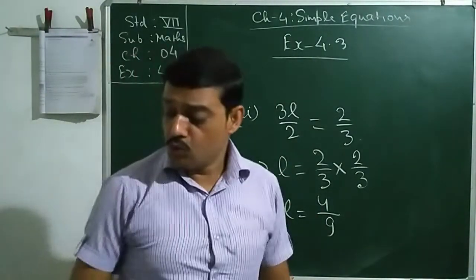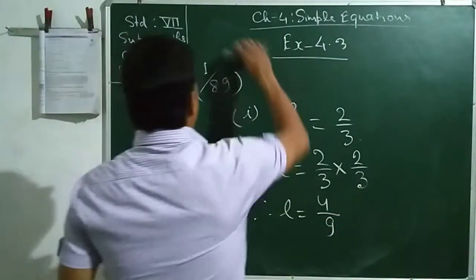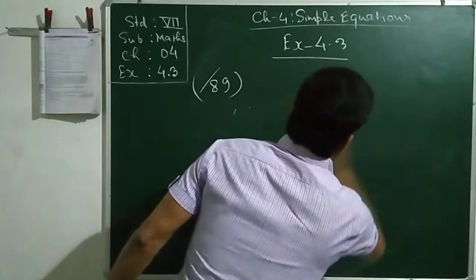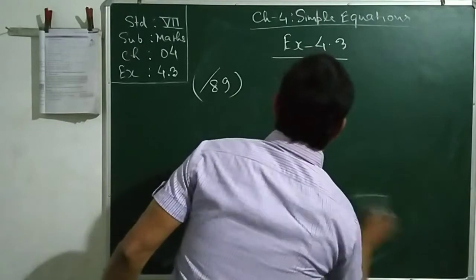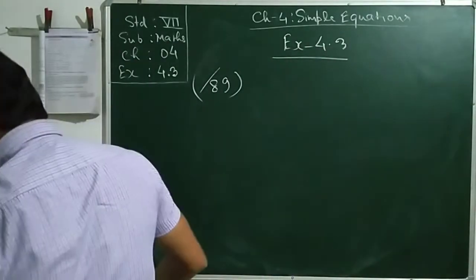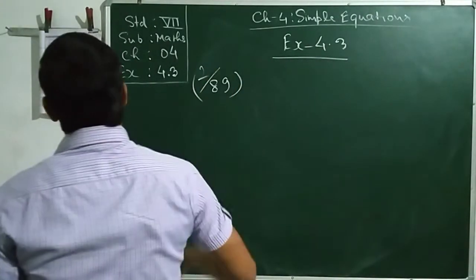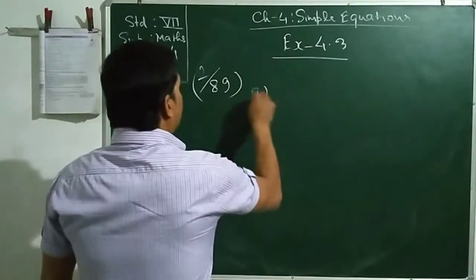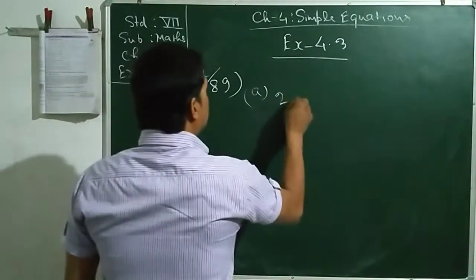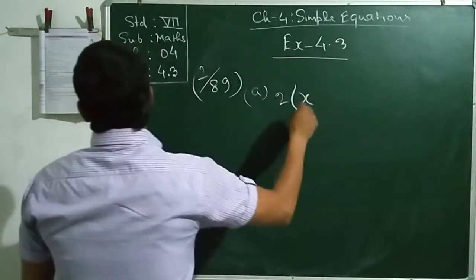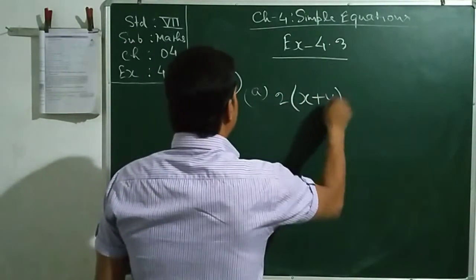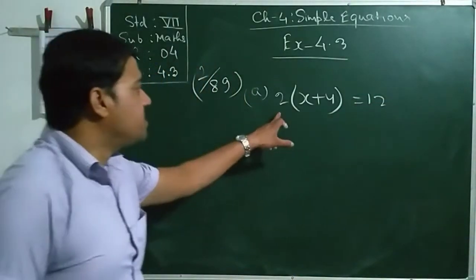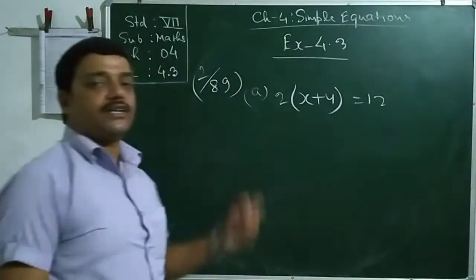Come to question two now. See, in question two, the first sum is 2 into x plus 4 equal to 12. See, 2 is there outside the bracket.